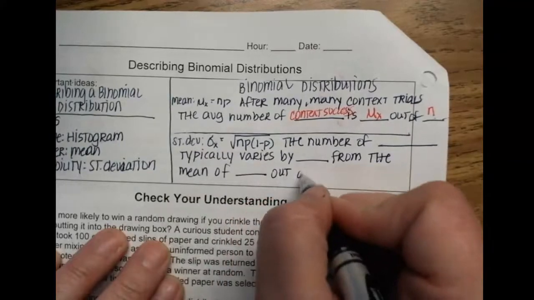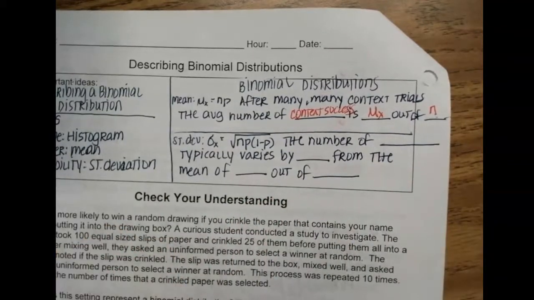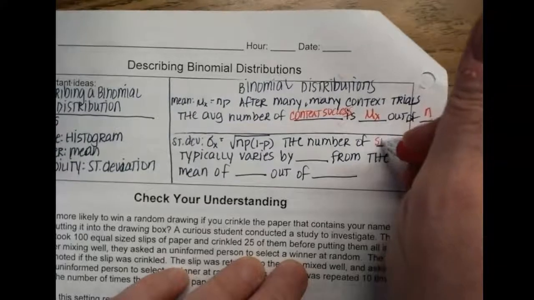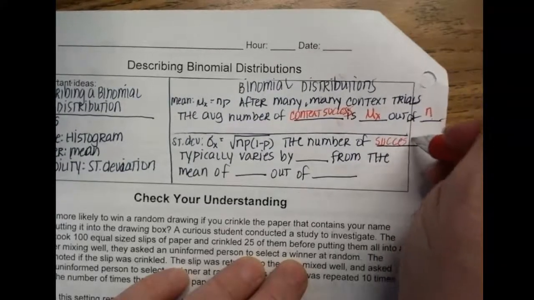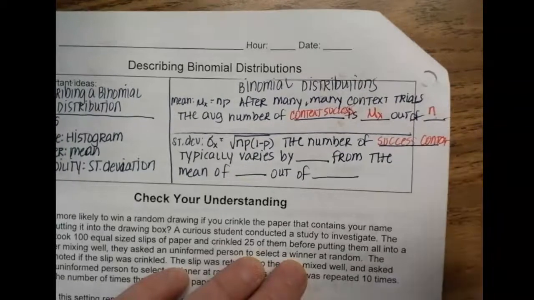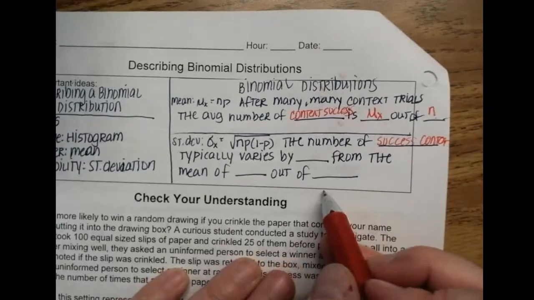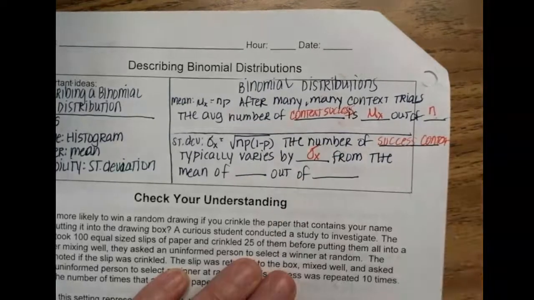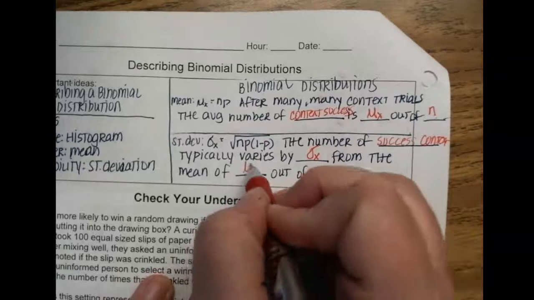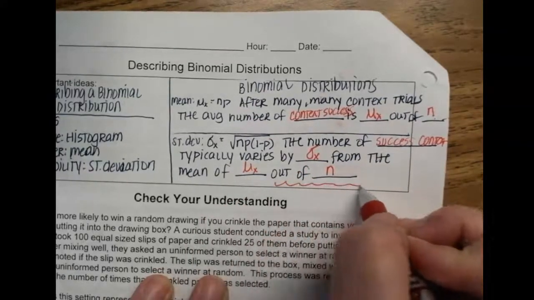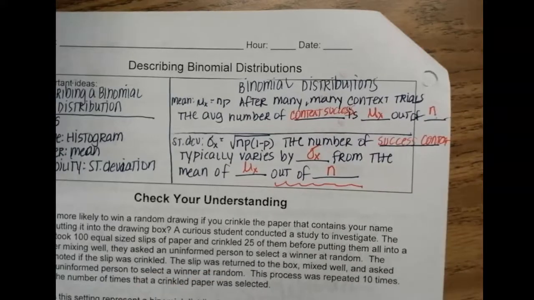So hopefully you're getting the idea of what's going to go in there. So we have the number of success contexts. It's really no different than what we've been saying, but the big one is this right here at the end. It typically varies by whatever our standard deviation is from the mean out of your total trials. And this is the newer part. I want to be sure that you include that in there.